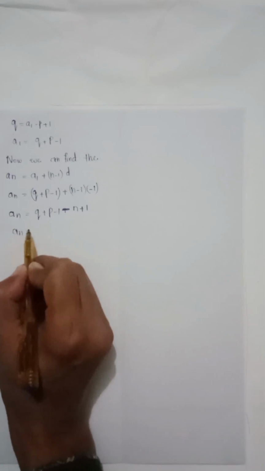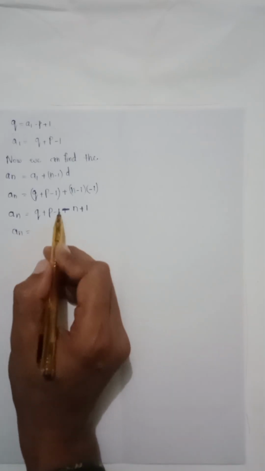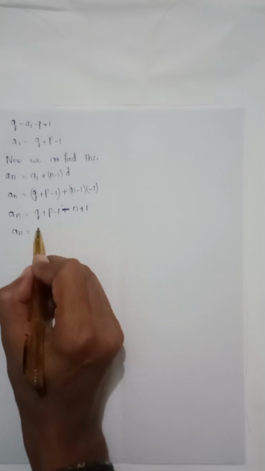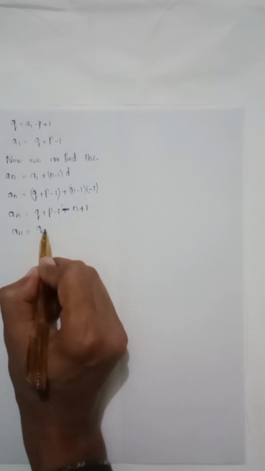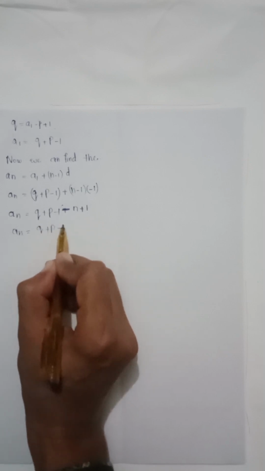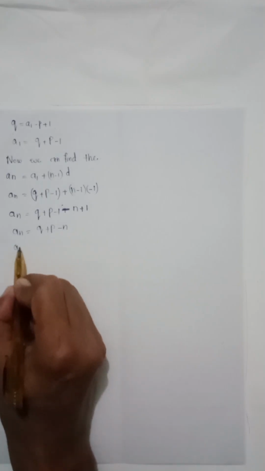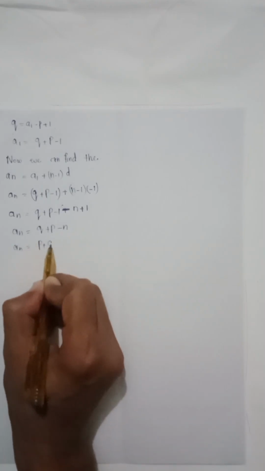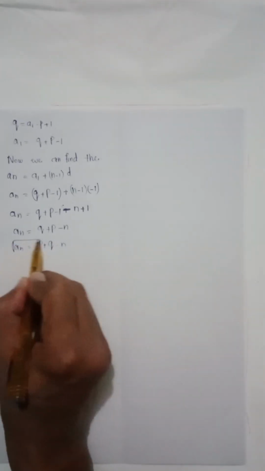An equals q plus p minus n, or p plus q minus n.